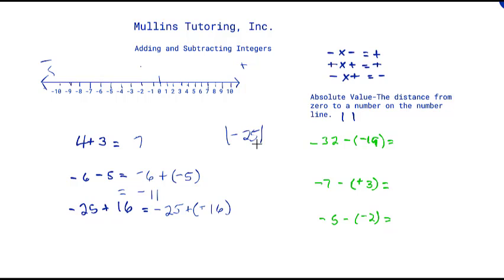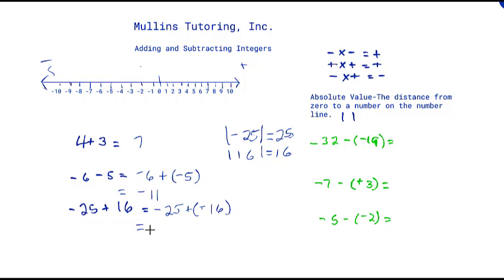The absolute value of negative 25 is 25, and the absolute value of 16 is 16. So now we want to look at which number is further away from 0. Well, 25 is greater than 16, so 25 is further away from 0. So that tells me I'm going to keep the negative sign.